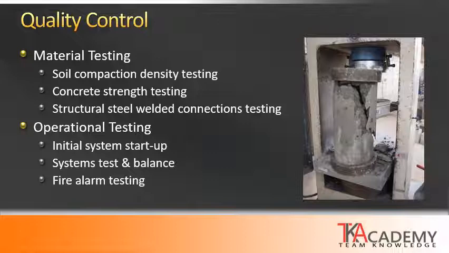When the tests are completed, the test reports are sent to designers of record who review them to make sure that the materials and systems are meeting the performance requirements that were included in the project specifications. For material testing, this can include items like soil compaction density testing, concrete strength testing, and structural steel weld connection testing. These are very common, and a lot of these are required by building code and by the authorities having jurisdiction.